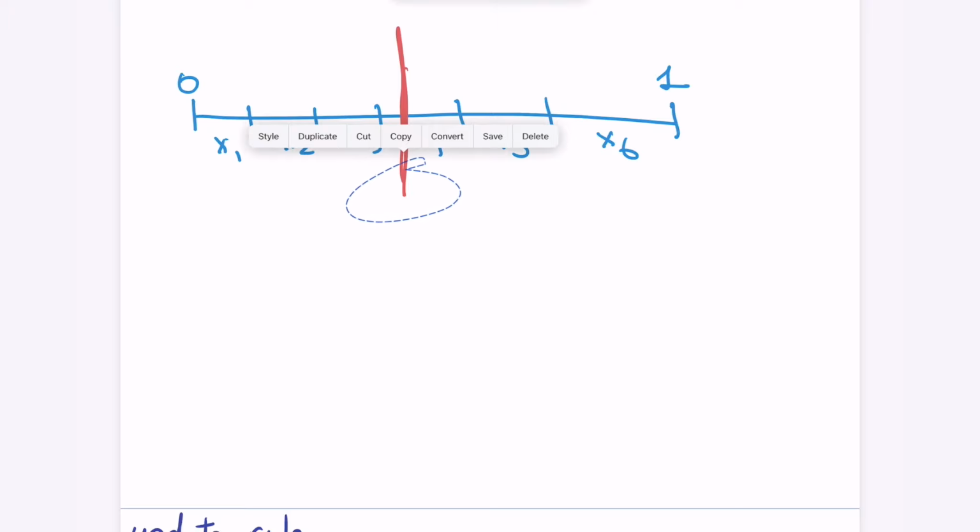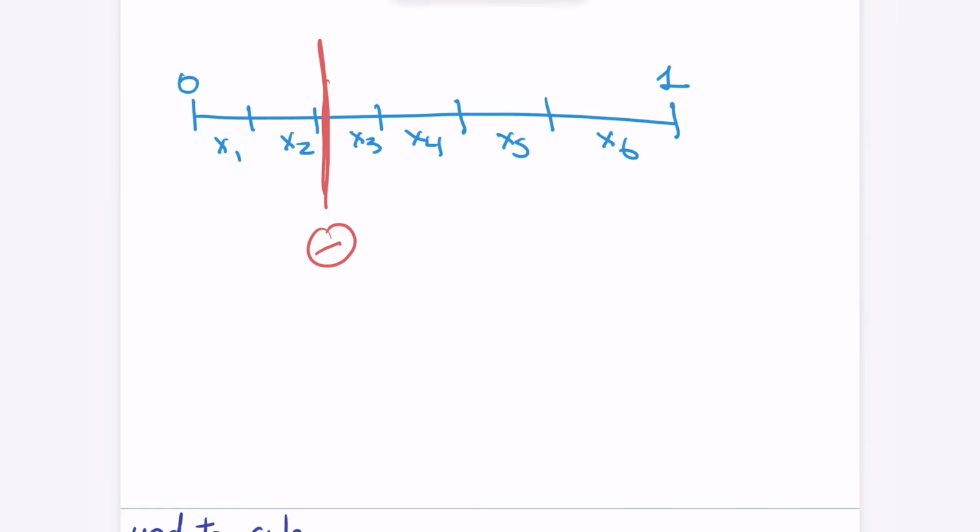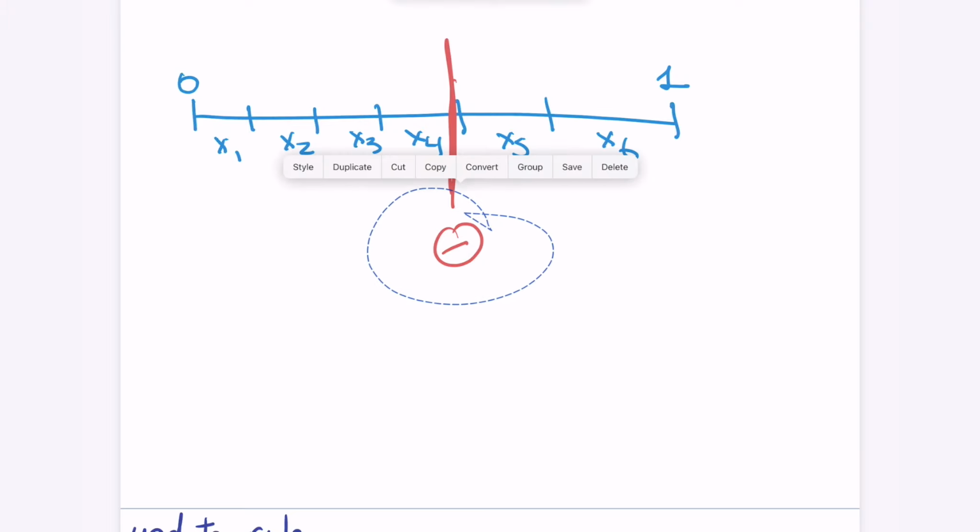I'm going to pick a random theta. I'm going to draw theta uniformly at random between 0 and 1, and it's going to lie somewhere on this interval. If it lies in x4, that means I'm going to buy on the 4th day.